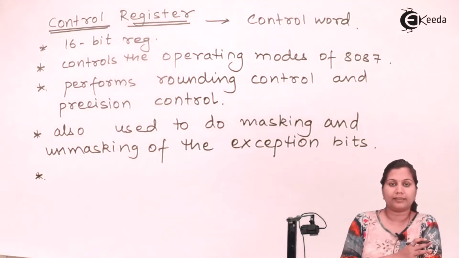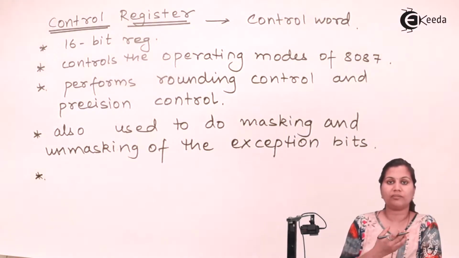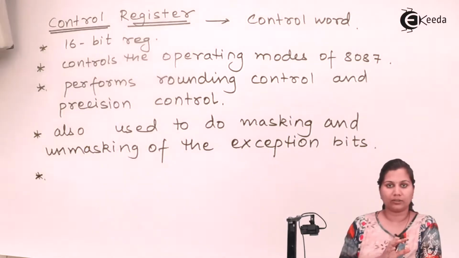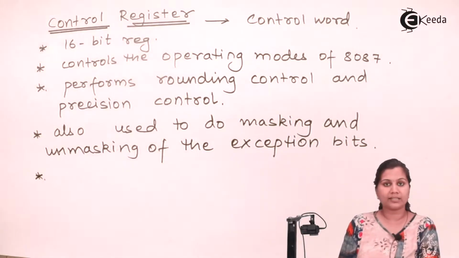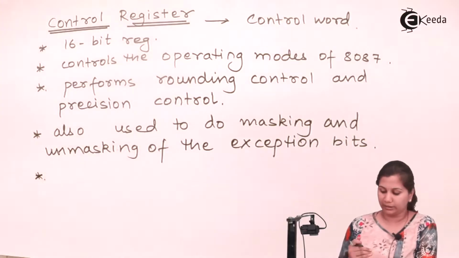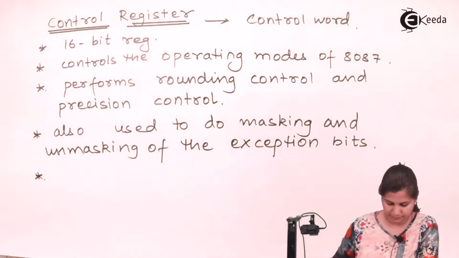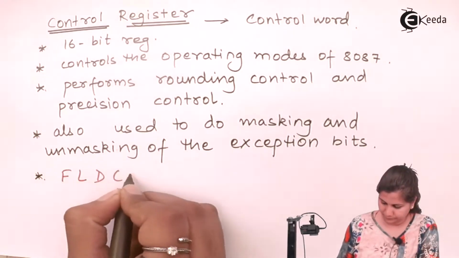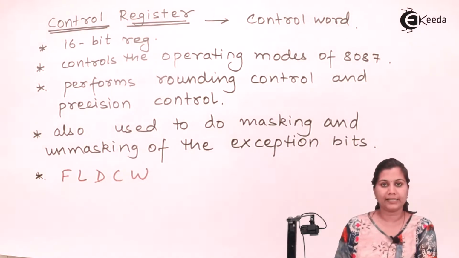Now, just like in the status register, status word, if we want to access the status register, we were having the special instruction FSTSW, that is to store the status word. Now, if we want to write the control word, okay, because the status register is always read and the control register is always written. Okay, so to write the control word, we have the special instruction FLDCW.